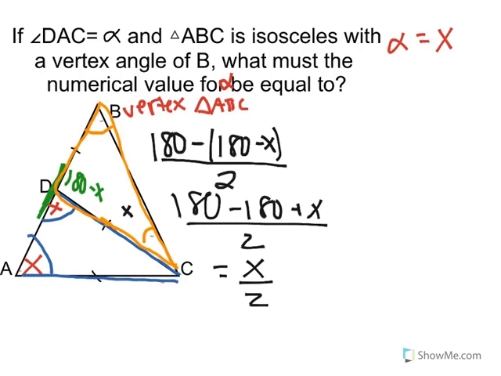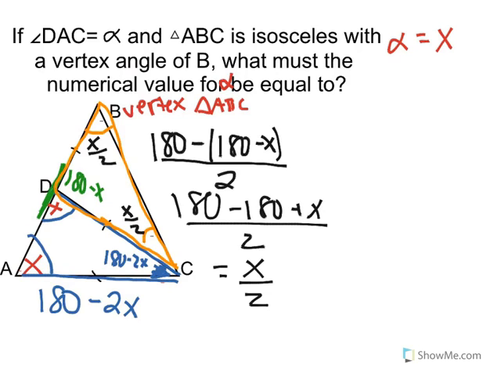So that means that this angle is x over 2, and this angle is x over 2. So going back to the blue isosceles triangle, if I want to find this angle right here, I would take my triangle sum of 180 and subtract what you have, which would be 2x. So this angle is 180 minus 2x. So now we have all the different parts that we could have in this triangle. And I want to see if I can find a relationship which will allow me to solve for x.